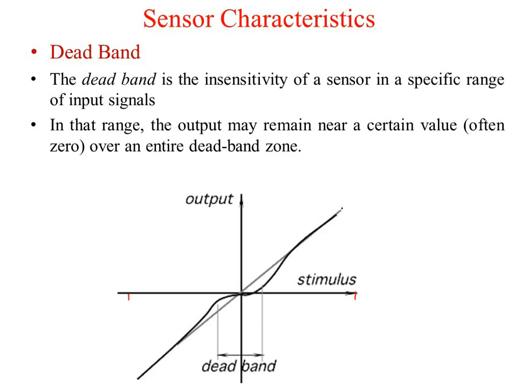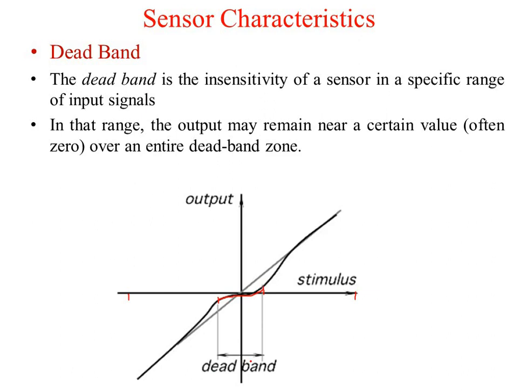Your output is supposed to follow the linear graph, but after a certain range the output is almost zero. So this band is called a deadband. Actually it should vary linearly, but during this span of input stimuli, the output response is almost zero, and that span is called a deadband.